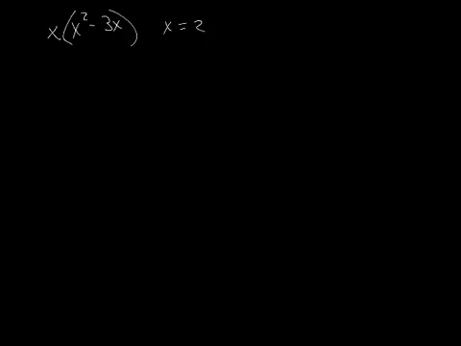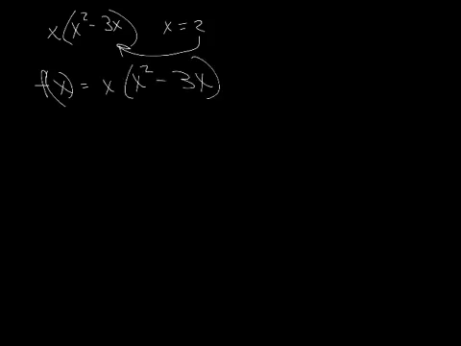So they're wanting to know the function. They're wanting to know what is called f of x. What happens to x if I put it in for this equation? So f of x squared minus 3x. So we're going to put 2 in there. Okay?